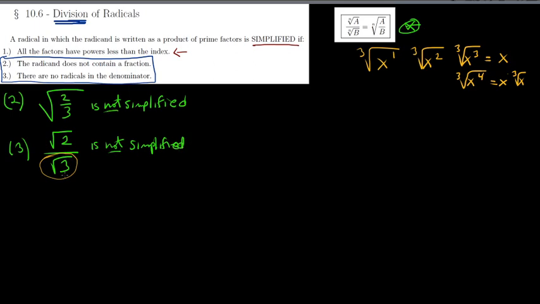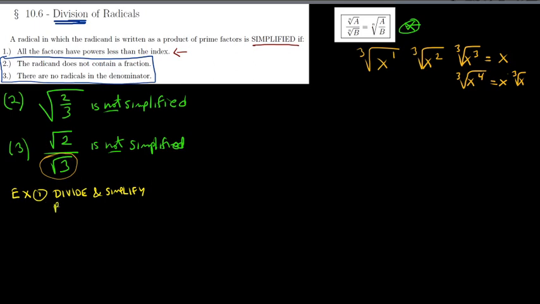So it seems like we can't win. No matter what we do, we're not going to be able to simplify things like these. So let's make that our first example. Let's divide and simplify.